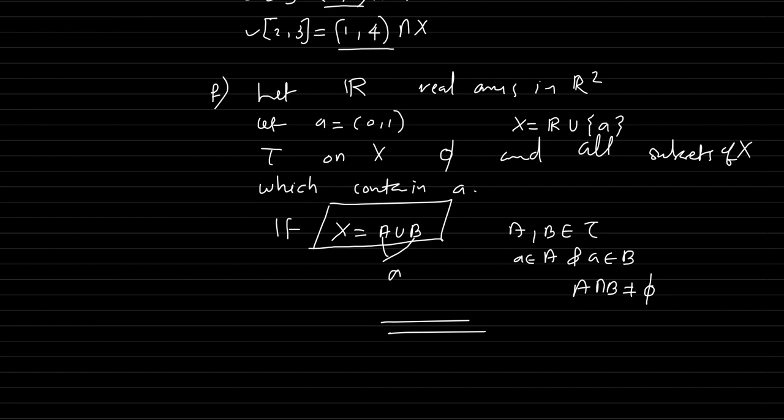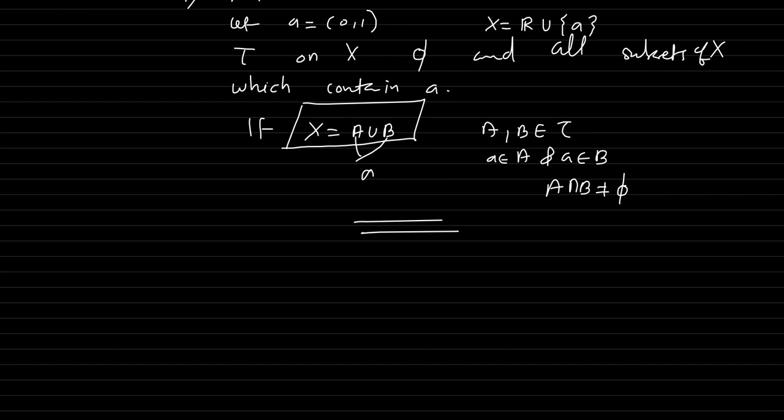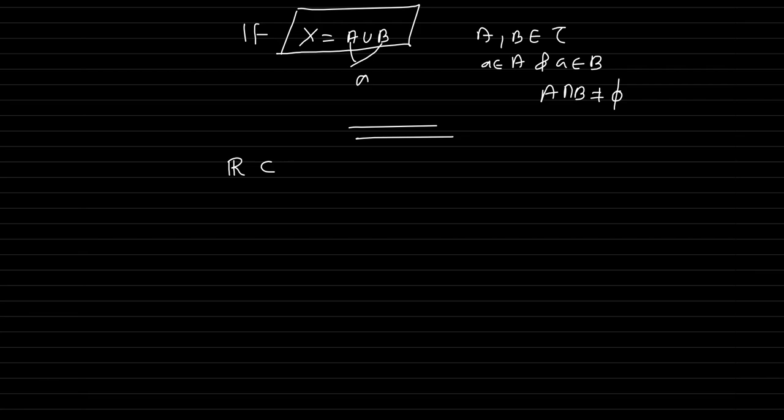And in this case, here X is connected, and consider the real axis R, which is a subset of X, and when we consider the subspace topology on R, it will be the discrete topology because every open set in τ contains all subsets of X which contain a.